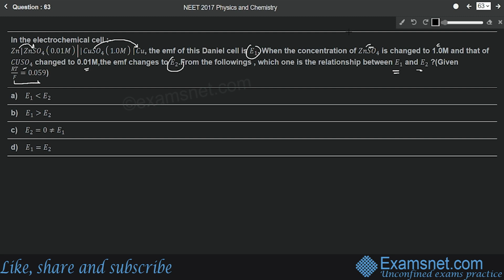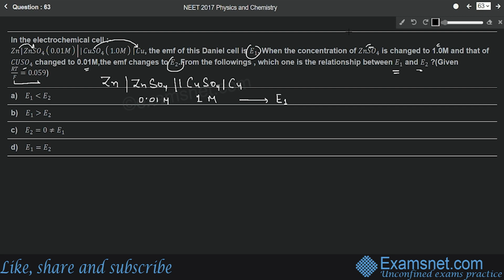Okay. So what is given here? We have a Daniell cell where zinc is getting converted into zinc sulfate and copper sulfate is getting converted into copper. Okay. Now initially the concentration of zinc sulfate was 0.01 molar and that of copper sulfate was 1 molar, right? And in this case, the EMF of the cell was E1.